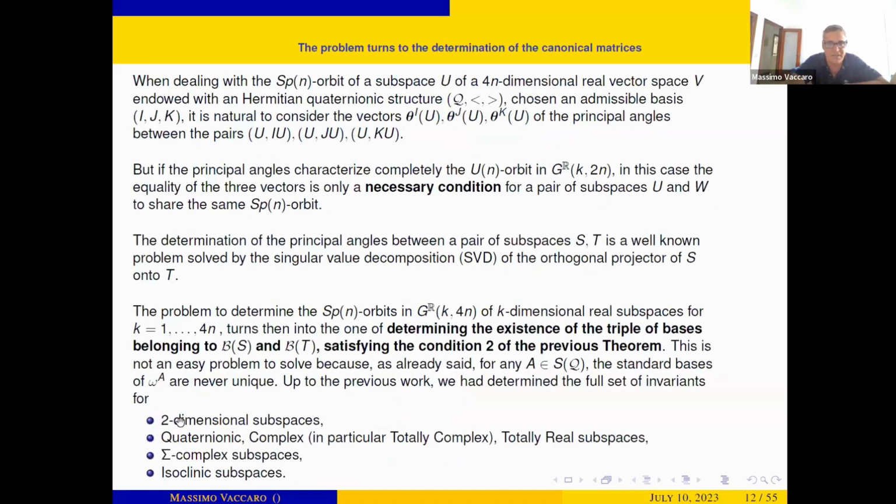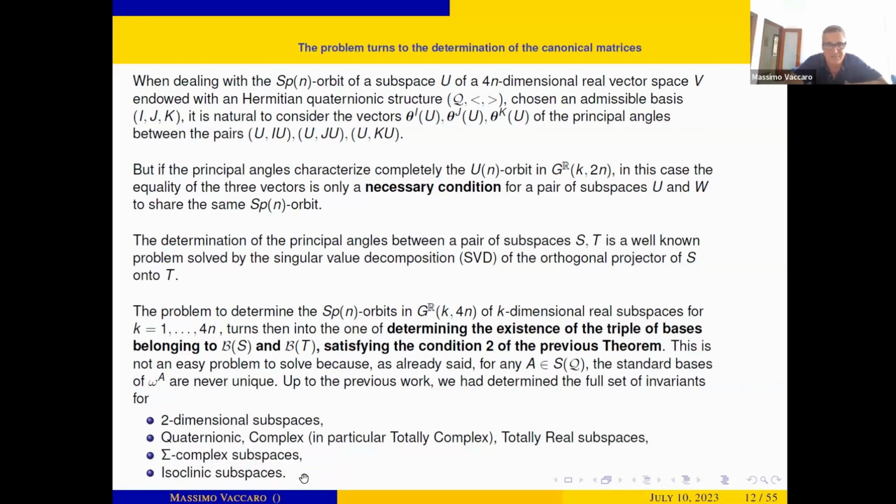I hope you see this at the bottom of the slide: the two-dimensional subspaces. Do you see everything? Yes. Okay. The quaternionic, the complex, the totally complex, the totally real subspaces. Some subspaces are defined as sums of complex subspaces with different complex structures.